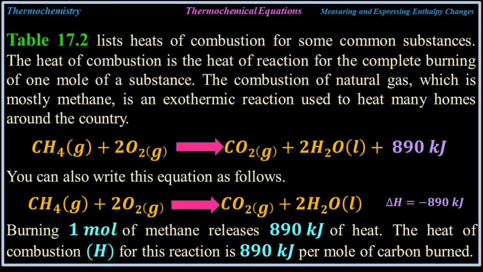You can also write this equation as follows. 1 mole of methane plus 2 moles of oxygen gas yields 1 mole of carbon dioxide gas plus 2 moles of water liquid, and then put the ΔH equals negative 890 kilojoules. Burning 1 mole of methane releases 890 kilojoules of heat. The heat of combustion, ΔH, for this reaction is -890 kilojoules per mole of methane burned.